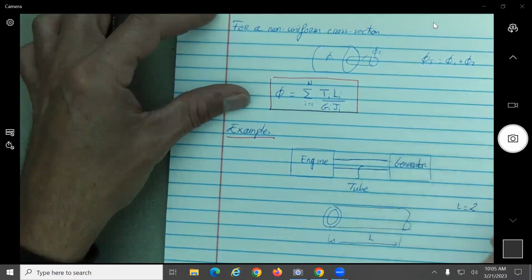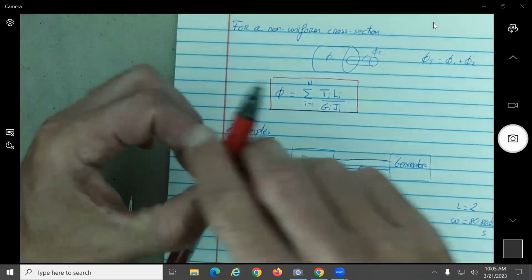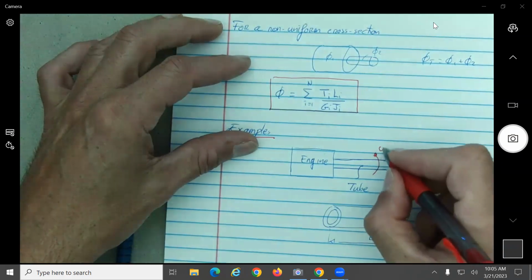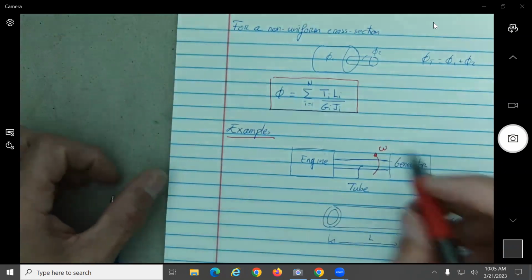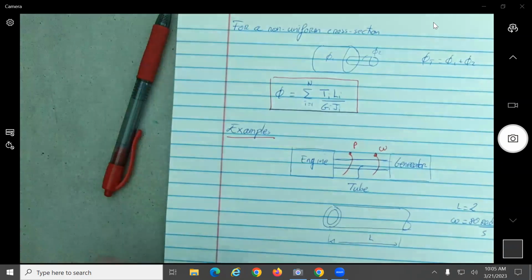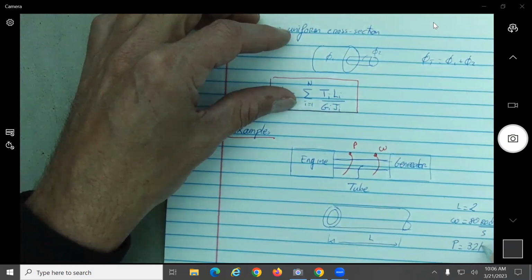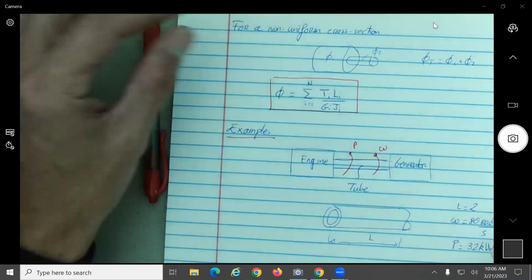You know this shaft is rotating at 80 radians per second, and has to transfer a power of 32 kilowatts.